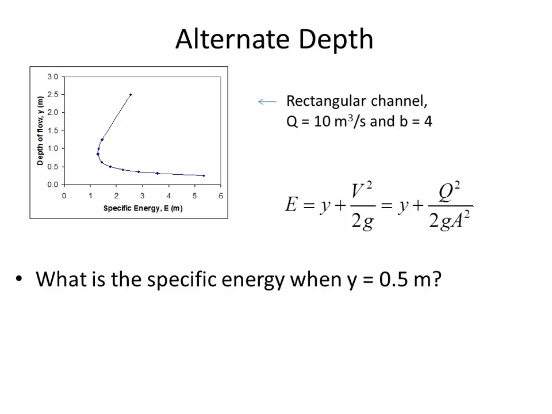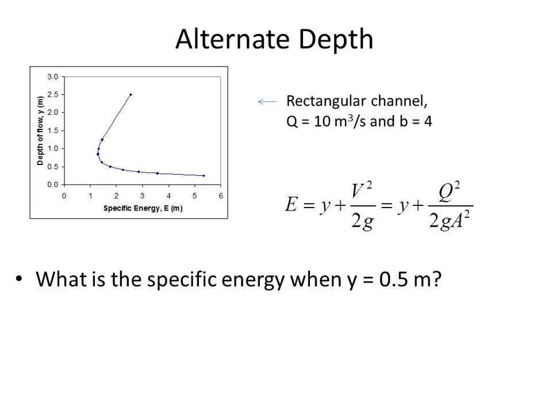For this condition, we have the flow rate Q squared, so that would be 100, over 2 times 9.81 meters per second squared, and now the area squared, 4 times 0.5 squared. The total energy for that is 1.774 meters.